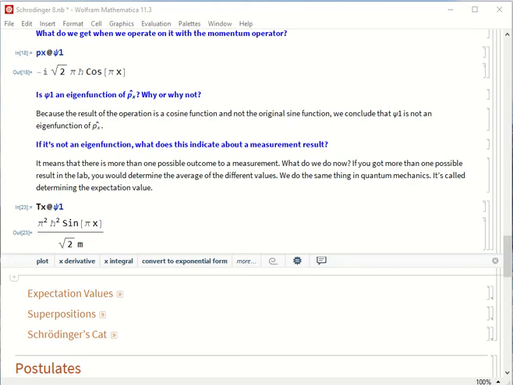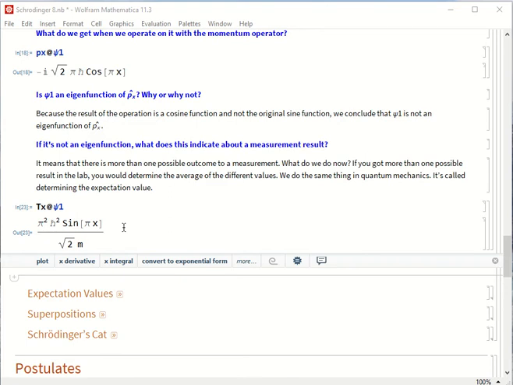Now, it is not pi squared h bar squared over the square root of 2m, because remember our original wave function had the square root of 2 in it. So we can do some simple algebra here just to extract the eigenvalue. The simplest way to do it is just to divide out our result here by our original function, and we can do that easily enough.